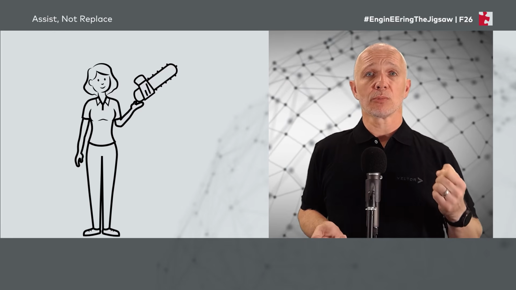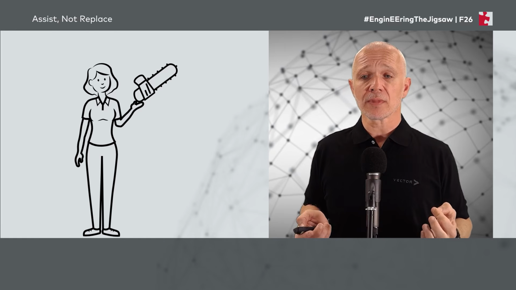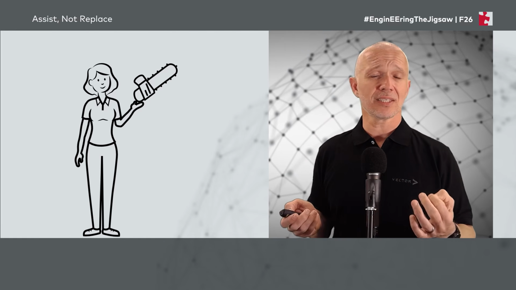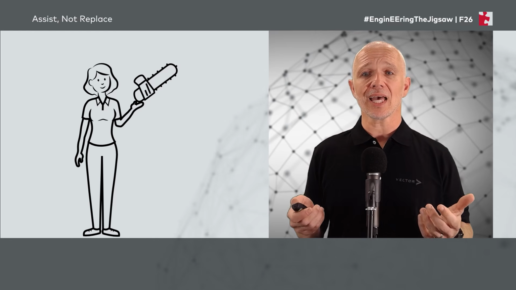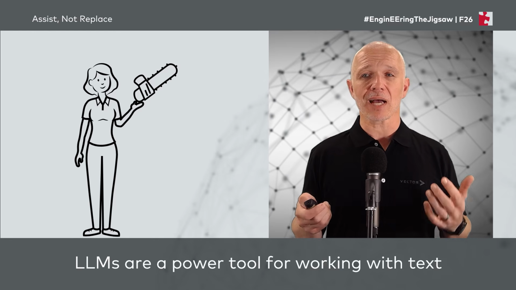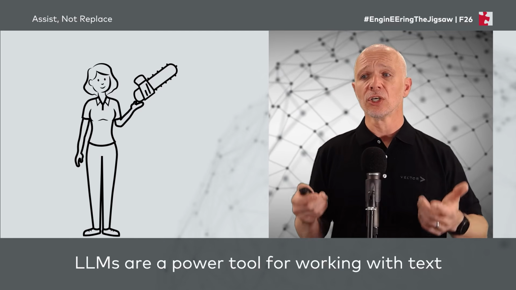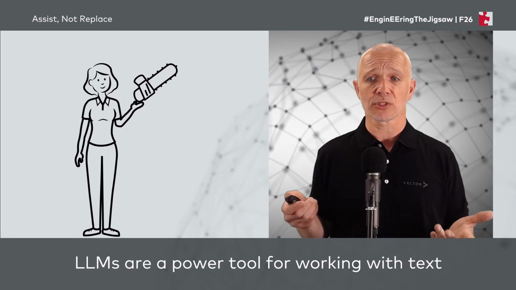Because large language models do not make decisions and cannot take responsibility, and they do not understand risk or safety, they make great assistants to engineers while being unable to replace them. We can think that LLMs are like a kind of power tool for working with text and text-based information, just as other tools speed up tasks without removing responsibility.